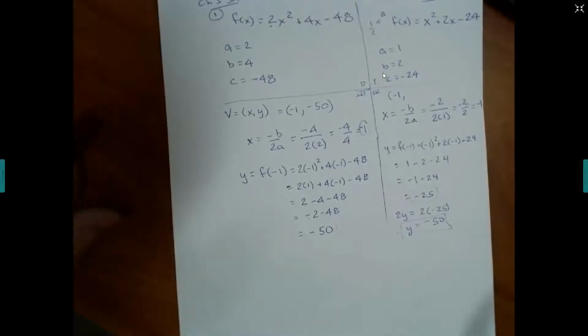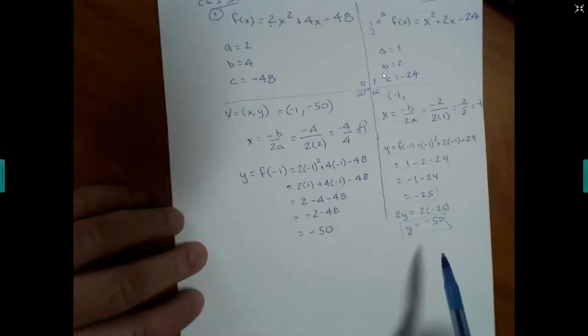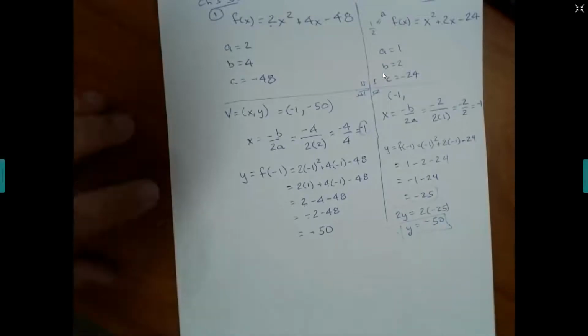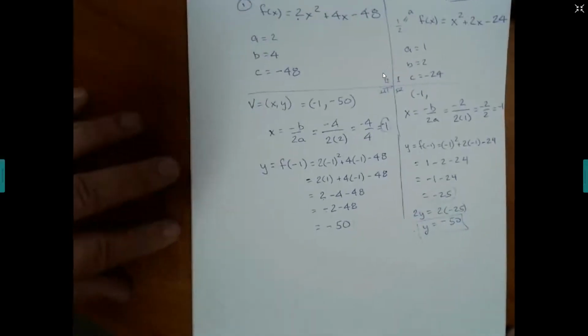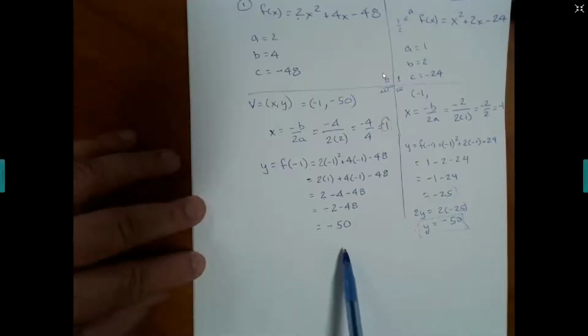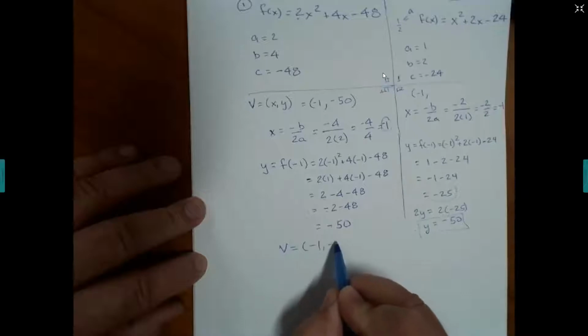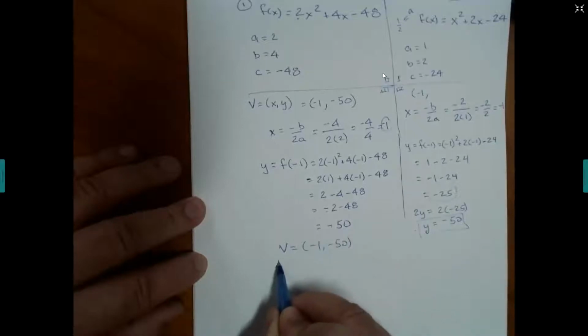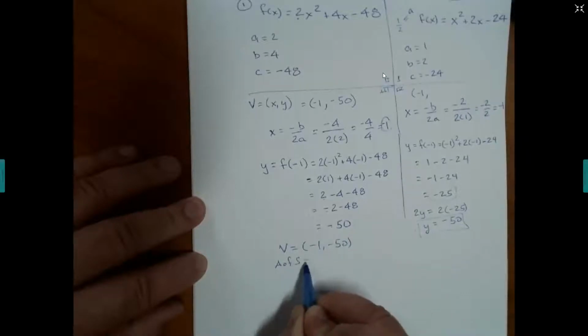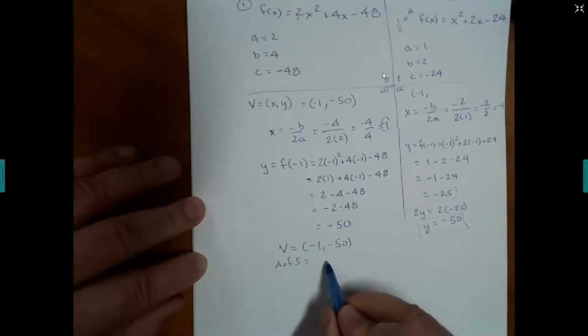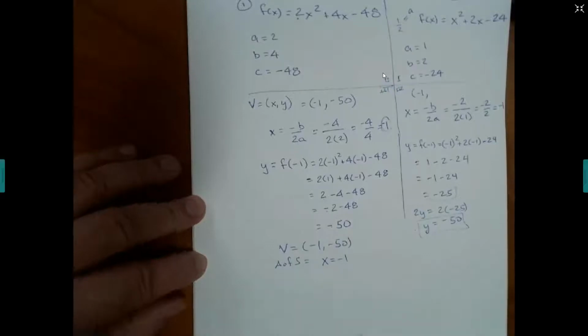So when you find the vertex, you multiply it by whatever that coefficient is. Yes, it's going to be the same thing. That's not why they went wrong for me, because I didn't do that reduction. Okay, so there's the vertex. The vertex is at -1, -50. The axis of symmetry is x equals -1.